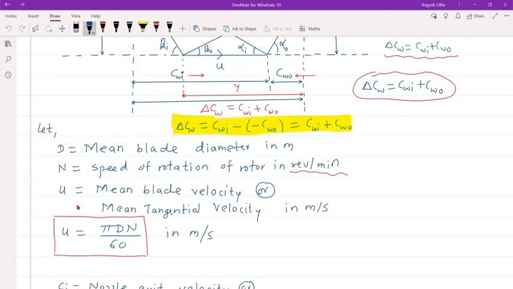Only up to U, not further. Everyone completed up to U? Start writing down from D only, guys.